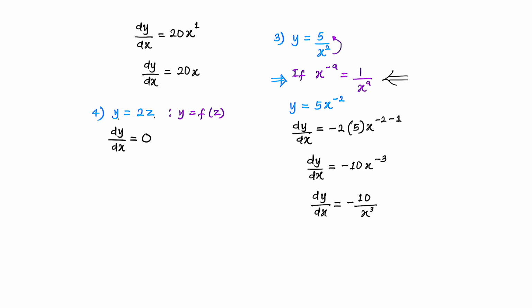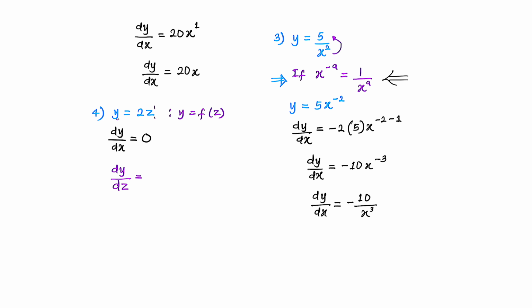However, the derivative of y with respect to z will not be equal to 0 because now we are differentiating the function y with respect to z. So applying rule 1, the basic rule that we've learned, the power of z here is 1. As we've explained previously, if x is raised to power 1, then that means it is simply x.